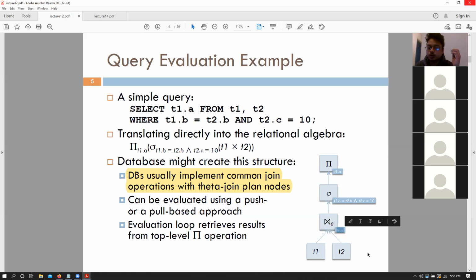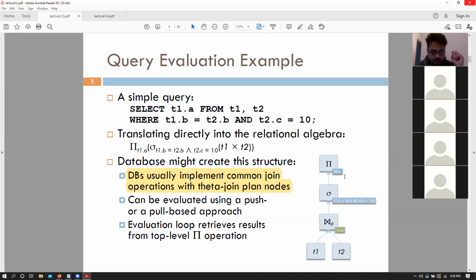So setting that to true essentially means we are performing a Cartesian product. So it says, join these two tables and then select with this predicate, that is T1.b equals T2.b and T2.c equals 10. And now that we have the result from this select operation, we project out the details that we want from that set of rows.